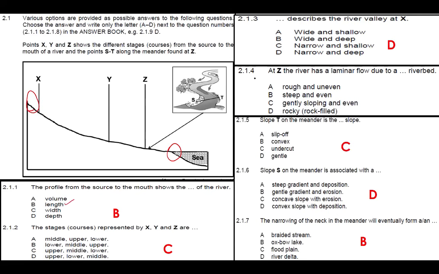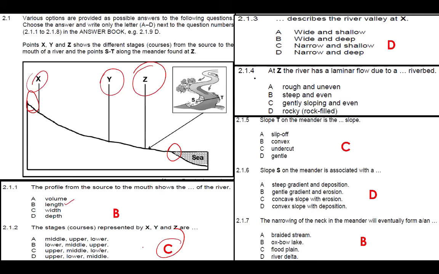And then we have the stages, which are scrambled up. You must choose the correct order. The stages X, Y, and Z must be upper course, middle course, and lower course. So the correct answer there will be C.